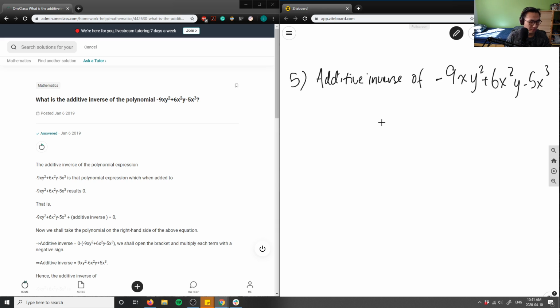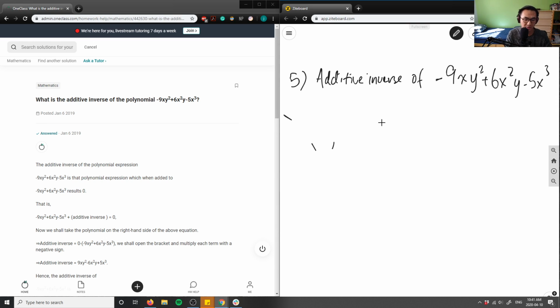So the additive inverse of negative 9xy squared plus 6x squared y minus 5x cubed. Let me define a couple things. When we talk about additive inverse, the additive inverse is simply setting it to 0, and then we're going to move all the variables to the other side.